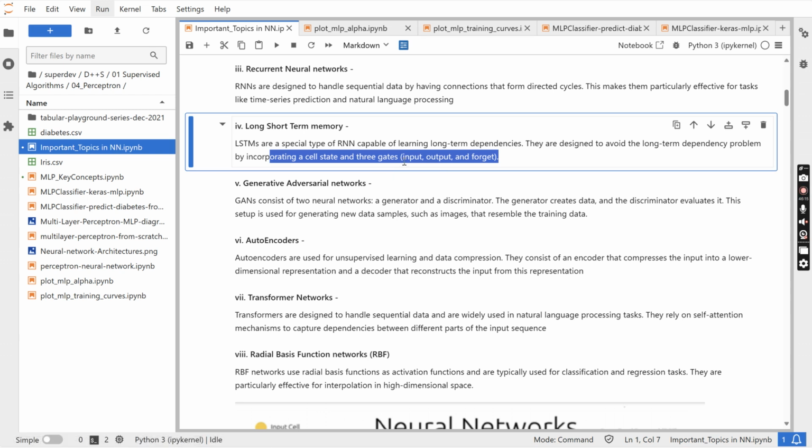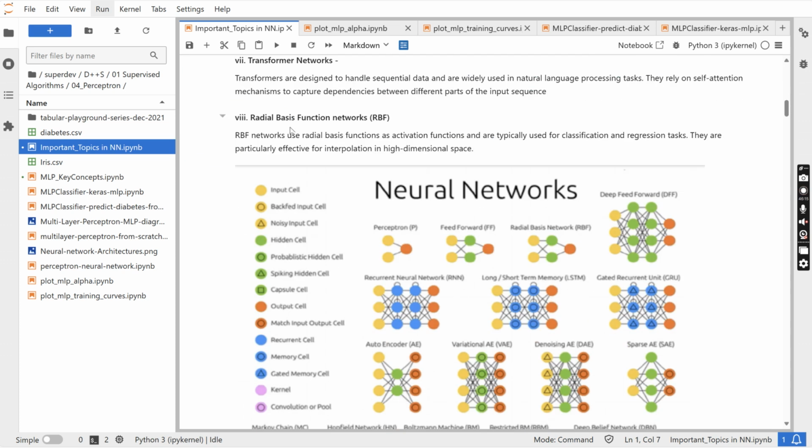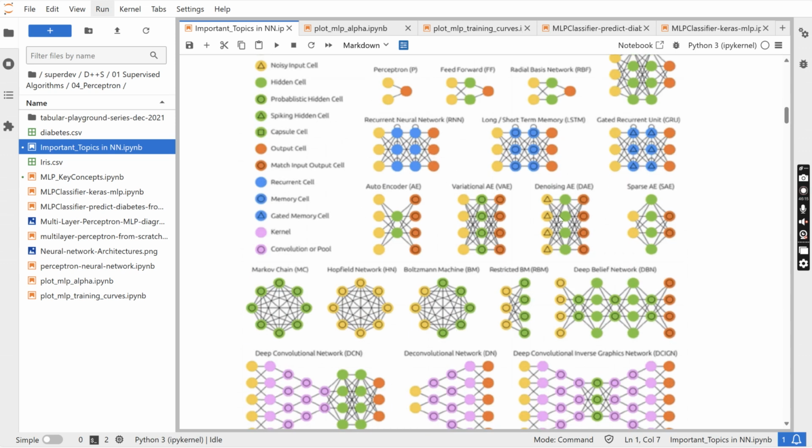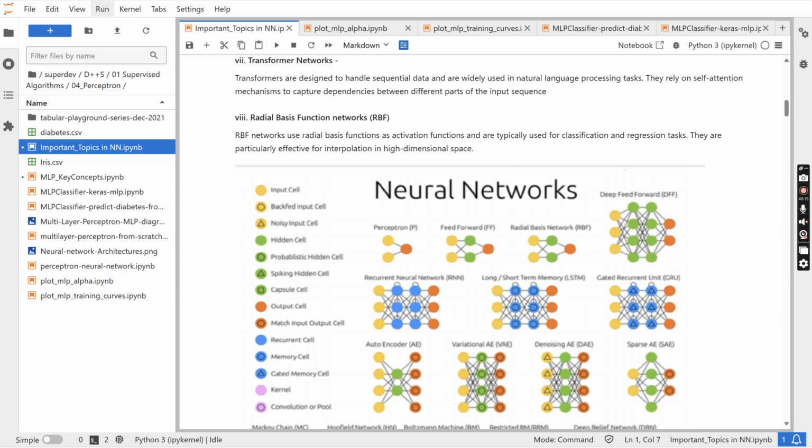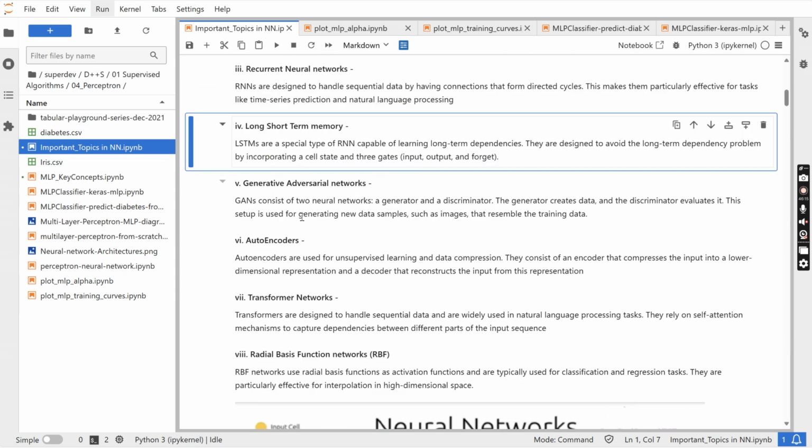There are 3 gates: input gate, output gate, and forget gate. Again, we will learn this in depth when we talk about NLPs, but for now just remember that these are another type of networks where each hidden layer has special types of gates. The same is true for GRUs also. So that is another type of network.